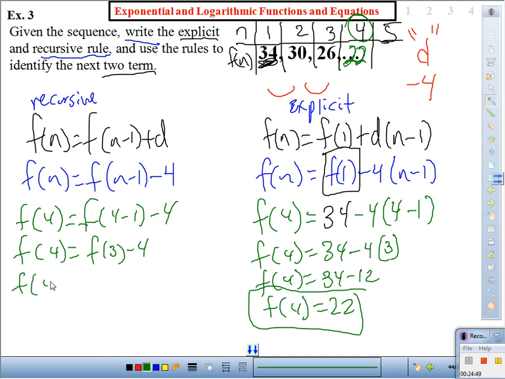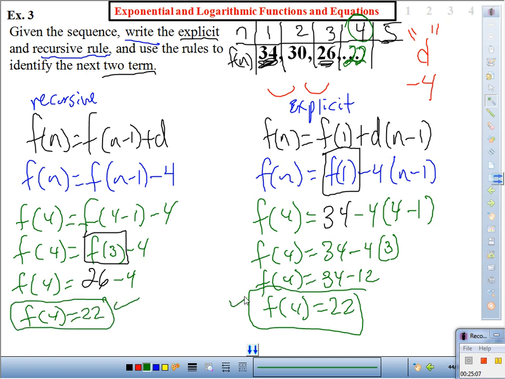And by the way, look up, what is f of 3? f of 3 is 26 minus 4, so f of 4 equals 22. Did we get the same thing? We should get the same thing because it's the next number in the pattern. We're just using different forms.